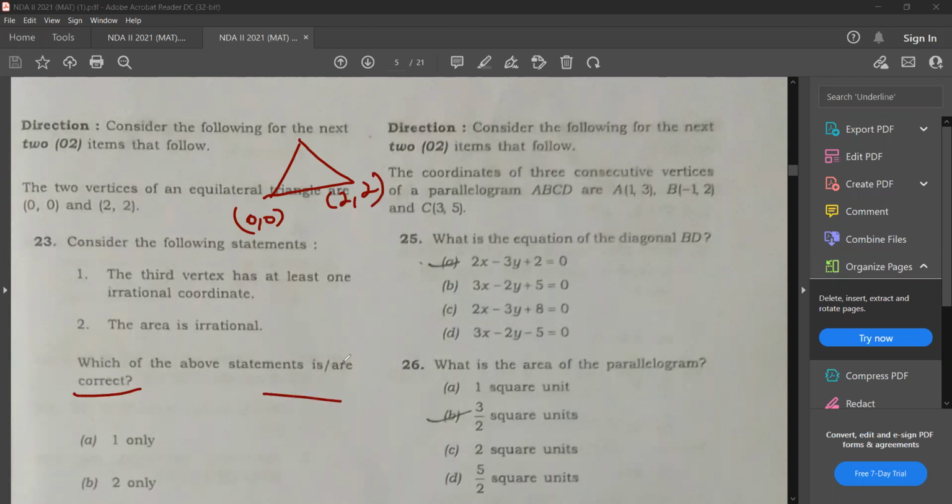The first statement: the third vertex has at least one irrational coordinate. The area is irrational. This is something we have to calculate and see.